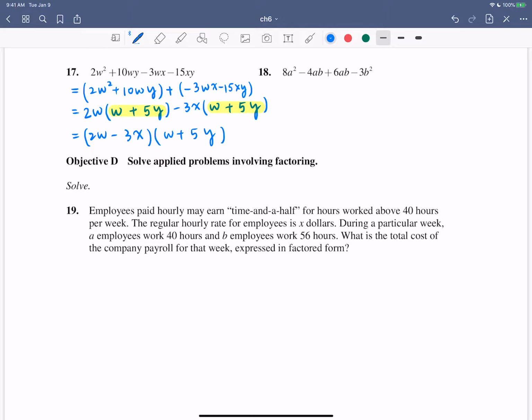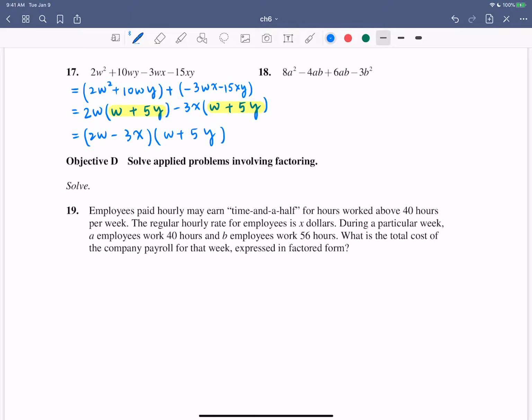So this question is talking about payroll. If you're going to work in HR in the future, you probably want to think about this. And the company pays time and a half for hours worked above 40 hours. So that will apply to the B employees who worked 56 hours. That's more than 40 hours. So I'm going to deal with the 40 hours first and then deal with the extra hours later.